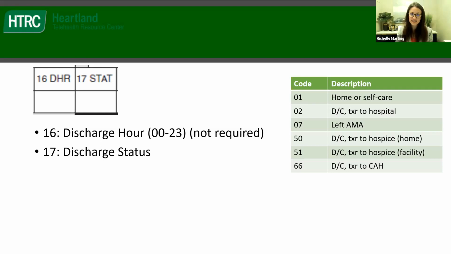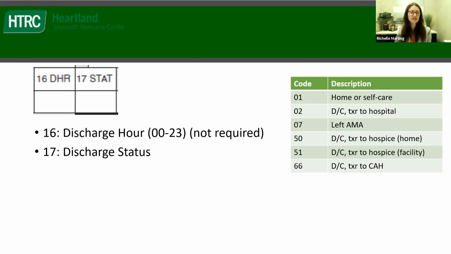But for field 17, the discharge status, that is something that we use for RHCs and FQHCs. And that says not where the patient came from, not the source of admission, but afterwards, where are they going? Where are we sending them after the encounter that they're having at the clinic? Often that's going to be a 01. So these are 2-digit codes, and we have to have the leading 0 there saying that the patient is going home or self-care.